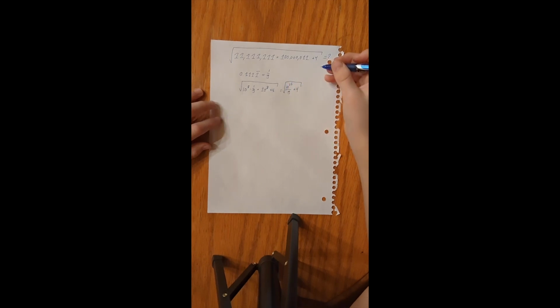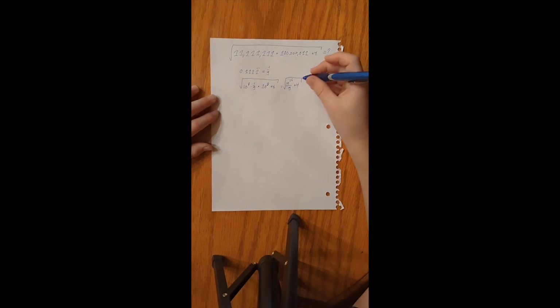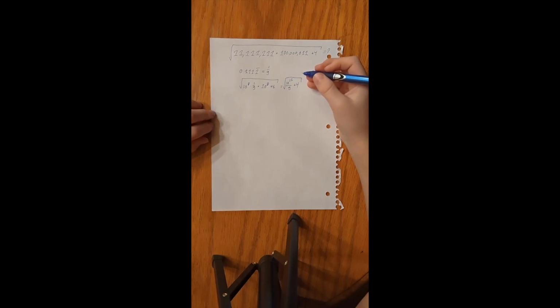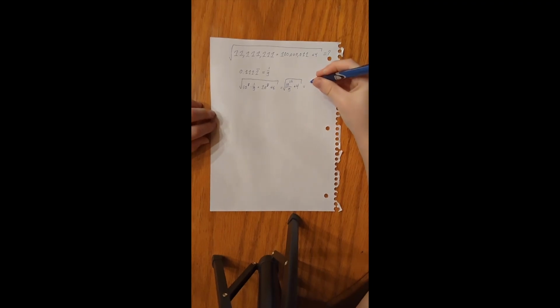And then the 4 doesn't really matter right now because it won't make very big of a difference when the numbers are so big. So, 1/9 is 1/3 squared, and 10 to the 16th is 10 to the 8th squared. So, we get about 10 to the power of 8 over 3. Not exact, but about.